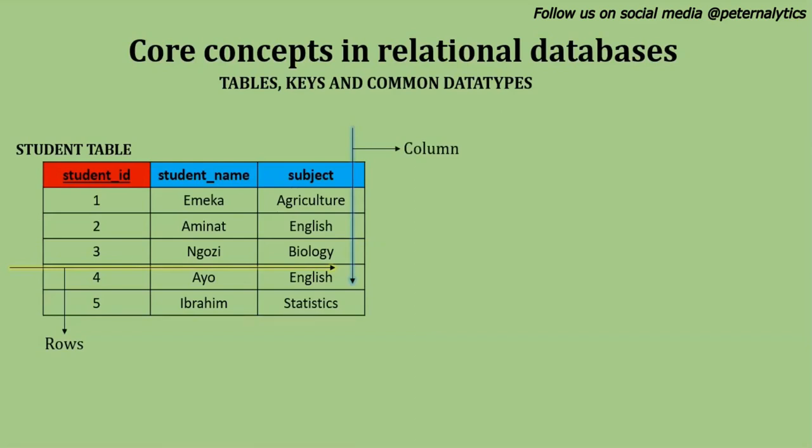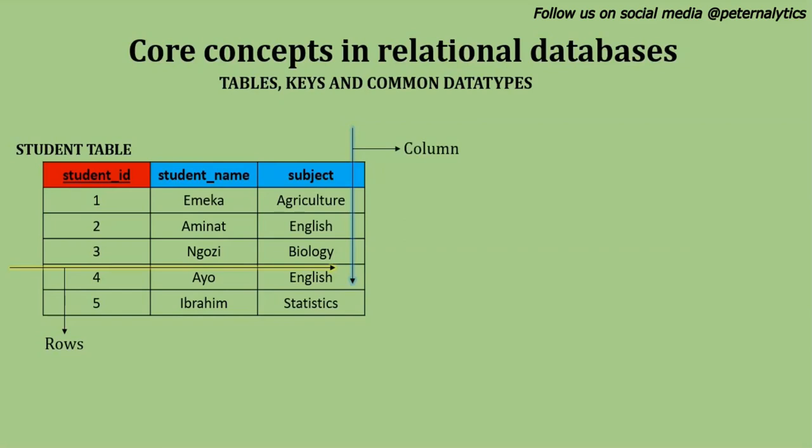As we said before, examples of these attributes are student ID, student name, and subject. For example, the person with student ID number 2, the subject is English. So under the subject attribute there is English. These columns define certain aspects of the table.